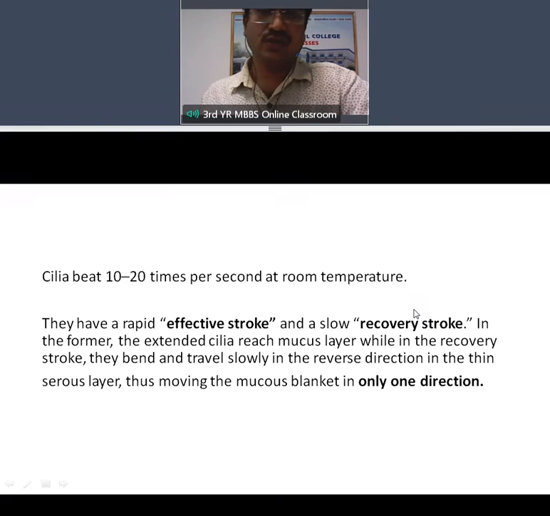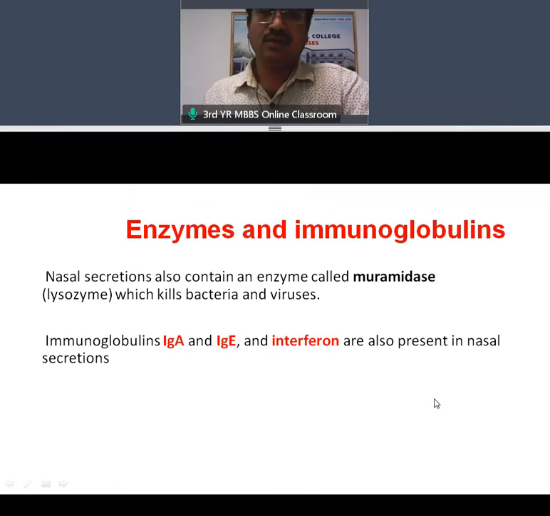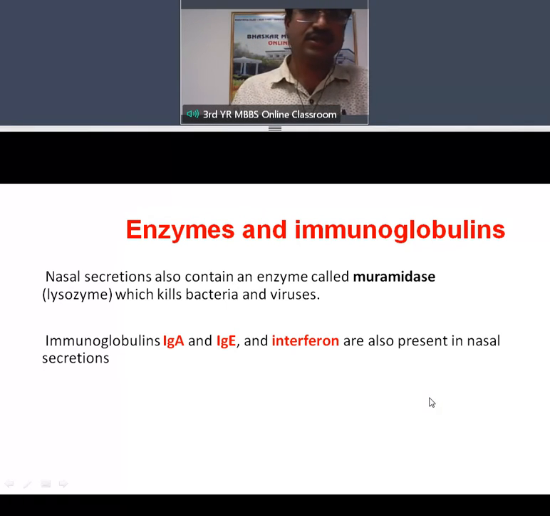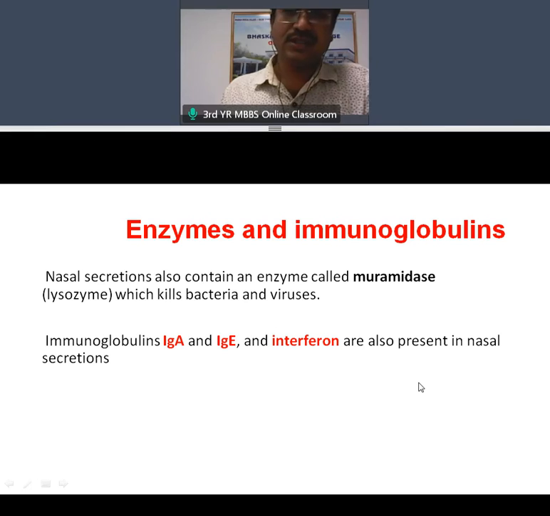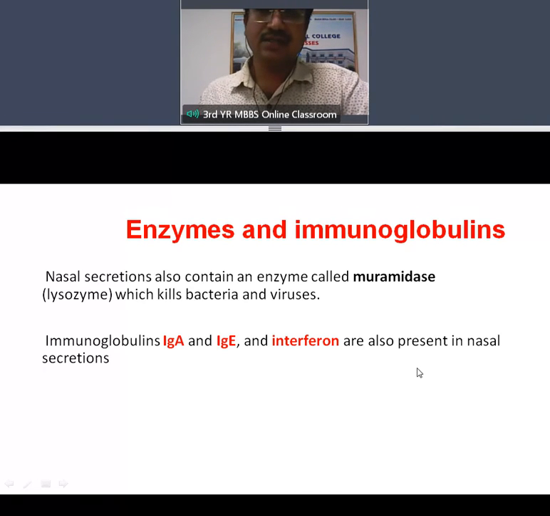The effective and recovery strokes of the cilia and this conveyor belt mechanism cause the mucus to move in only one direction. That's why most patients with paranasal sinus or nasal infections will see post-nasal drip, or post-nasal trickling of the secretions.